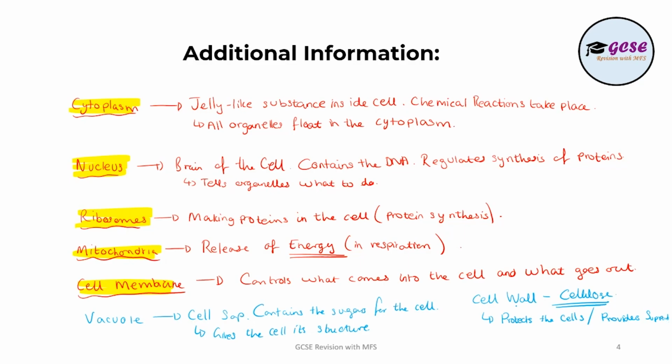Okay, so we've got that, and finally we have chloroplasts. Chloroplasts are a site of photosynthesis. Photosynthesis is basically when the plant is making glucose and oxygen for itself, and the oxygen is released so humans can intake it.